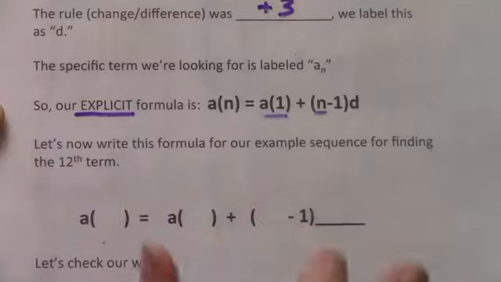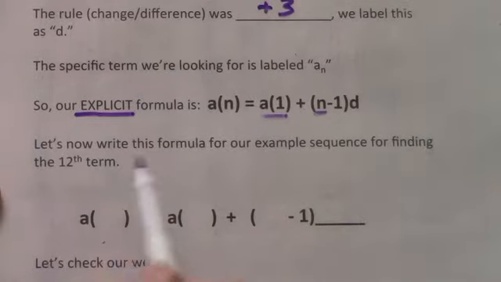So that probably doesn't make a whole lot of sense yet. So let's take a look at how we would use this formula to determine what a number is going to be down the line from the sequence. So let's take a look.